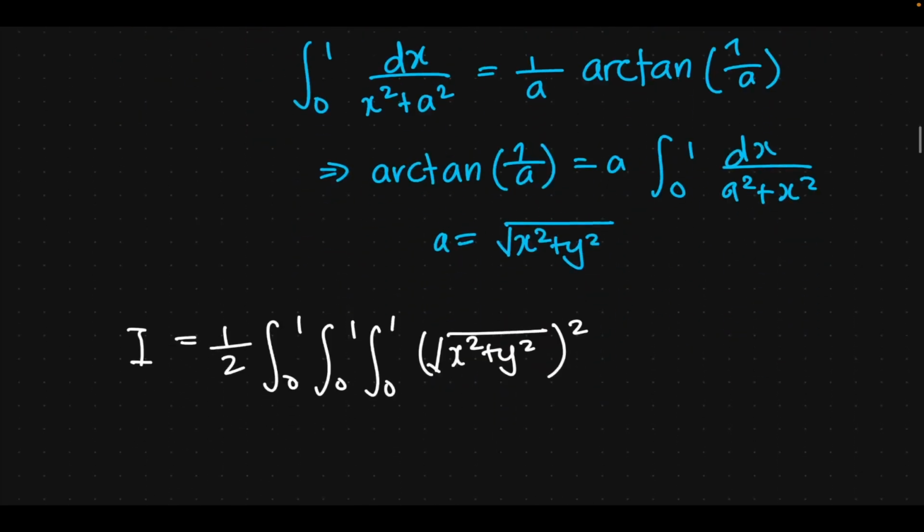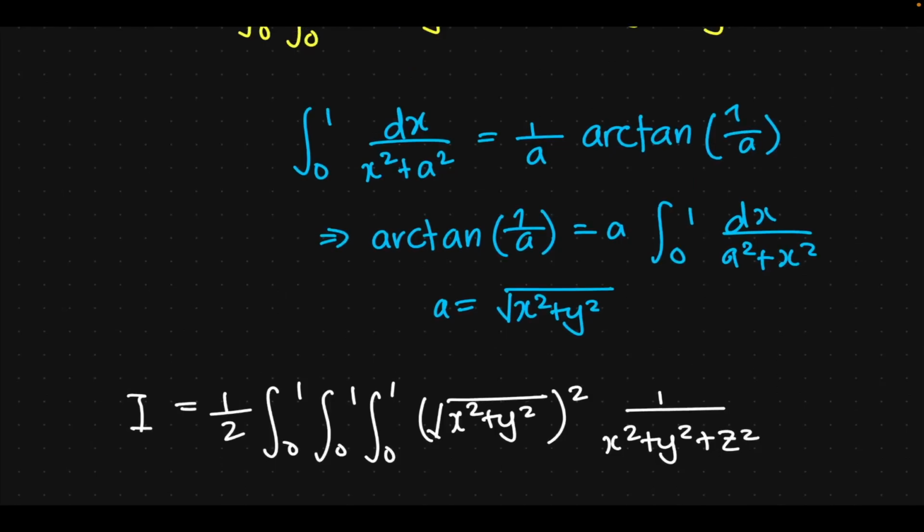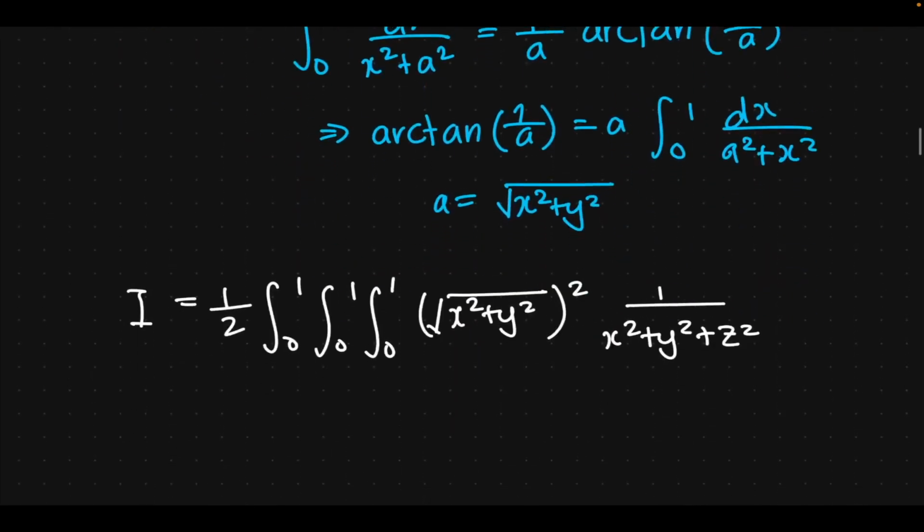And we have 1 over x squared plus y squared plus z squared, where z squared is the new variable of integration that we're introducing from this arctan integral formula. And we will have, now the order doesn't matter, it's 0 to 1, so dx, dy, dz.